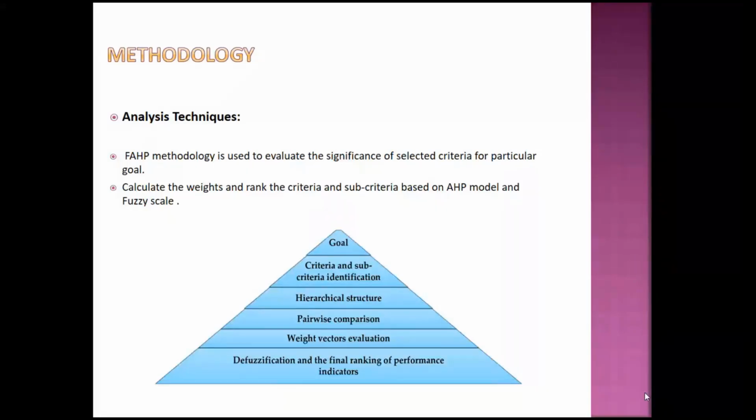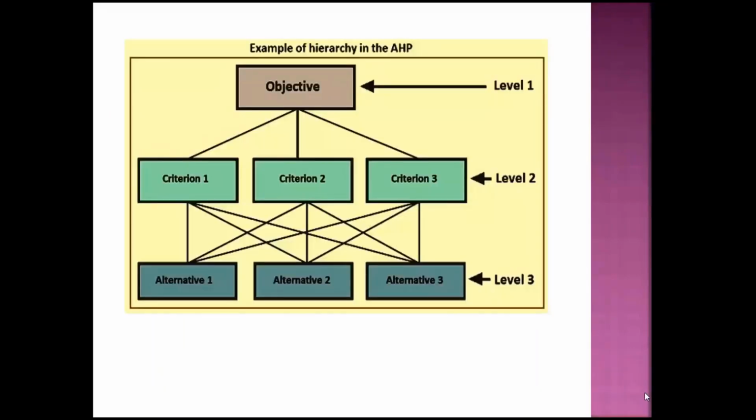We get these values from the software, and then finally defuzzification and final ranking of performance indicators. In this process, we calculate the final weights, and then we rank them accordingly, to see which is the most significant criterion and which is the least significant, based on all the measurements and calculations. So this is the procedure for the fuzzy AHP method.